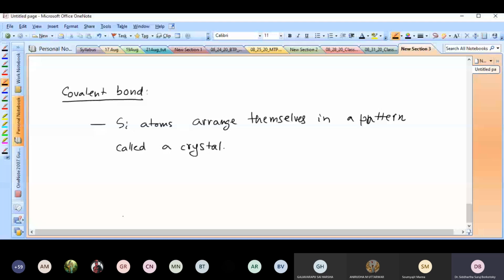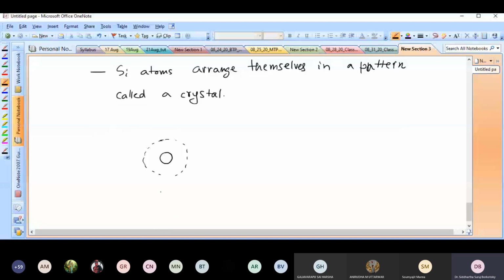So if you think of a silicon atom, you will have this is silicon, then it has an outer orbit, valence orbit. So that orbit will obviously have 4 valence electrons.